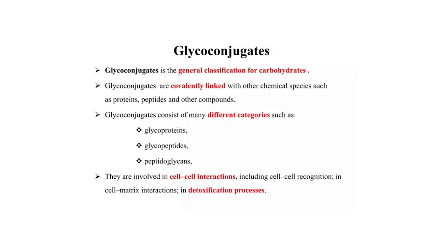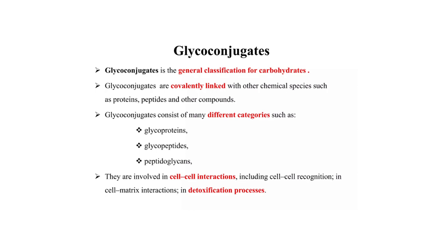Now let us get accustomed to an interesting classification of carbohydrates. So this is the first one, being your glycoconjugates. What are glycoconjugates? These are basically carbohydrates covalently linked with other chemical species, like in this case proteins, peptides, or other kinds of compounds.